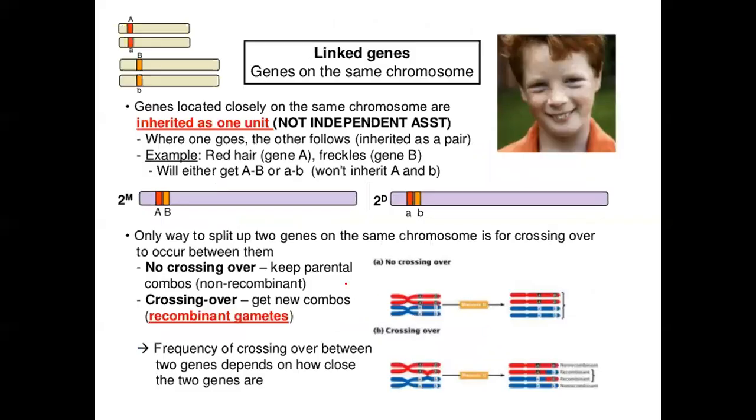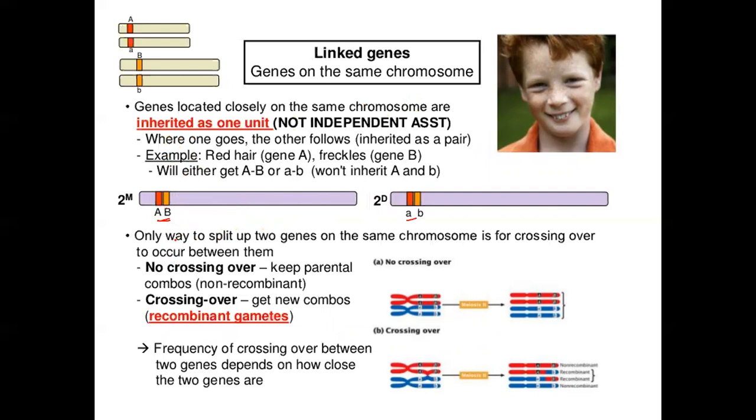The way you should think about this, and here's a really common example, is red hair and freckles. Oftentimes those are inherited together, and the location on the chromosome is the reason why. Let's say the A gene represents having red hair and the B gene represents having freckles.